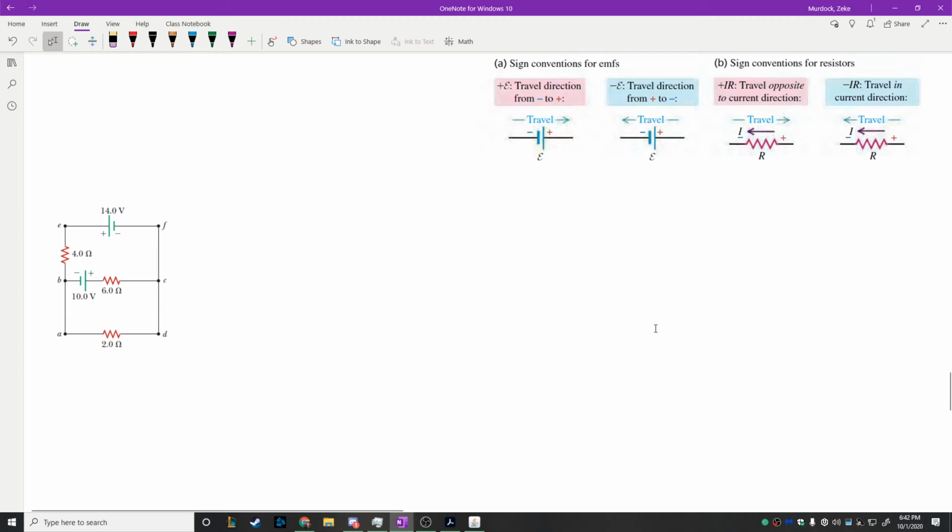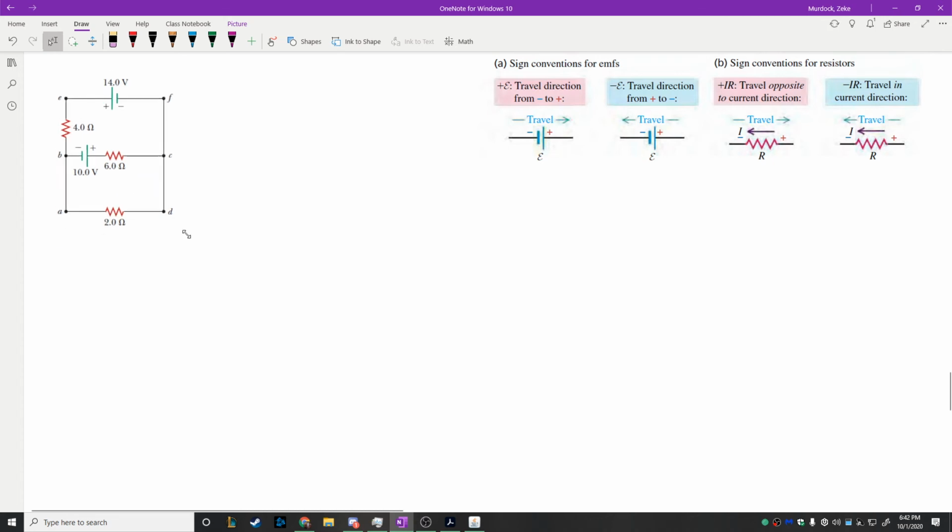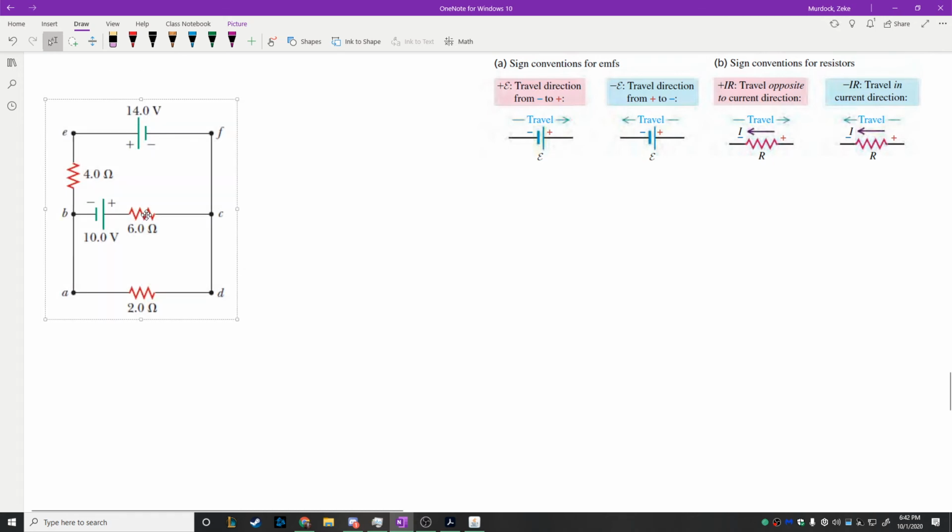So okay, let's look at this problem here. We can see everything we need there. Our goal with this problem is to use the rules, and what we want to do here is find the current flowing through each branch.